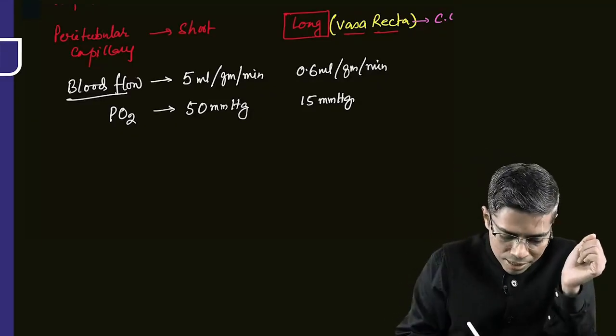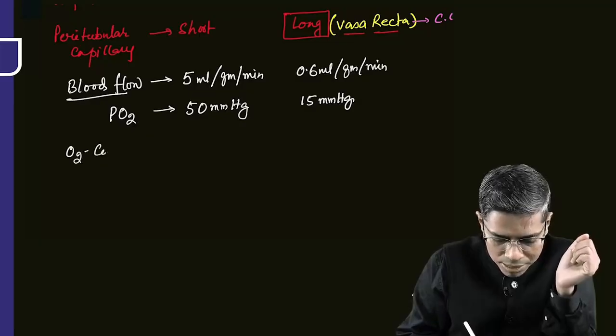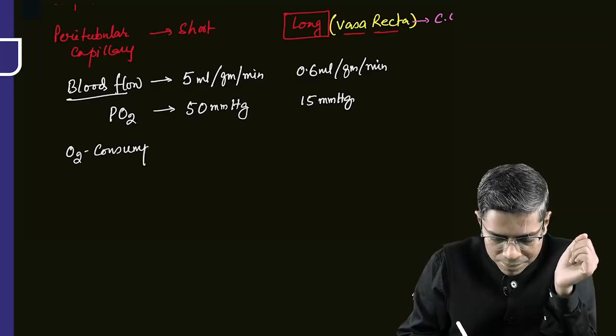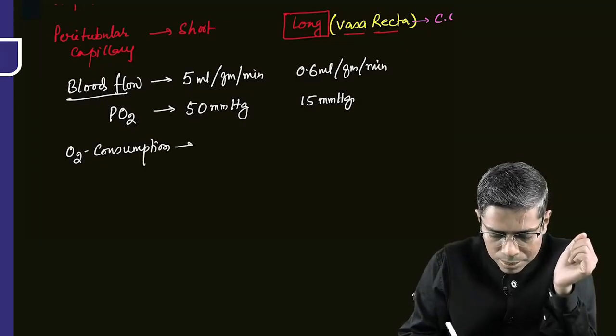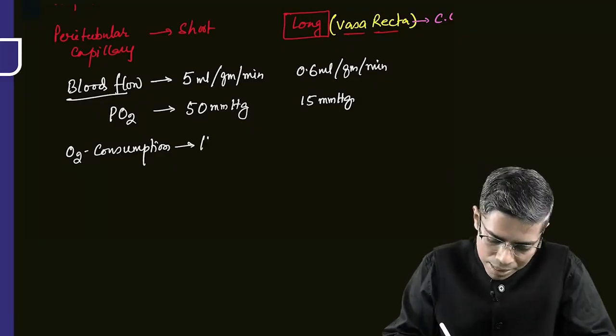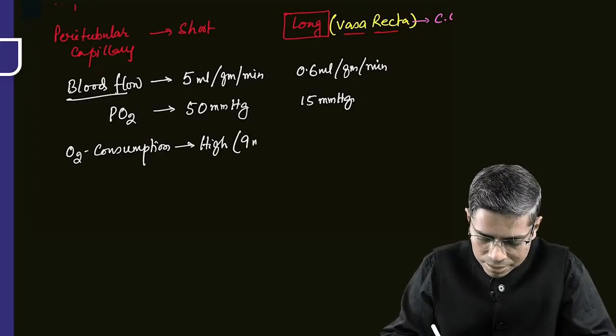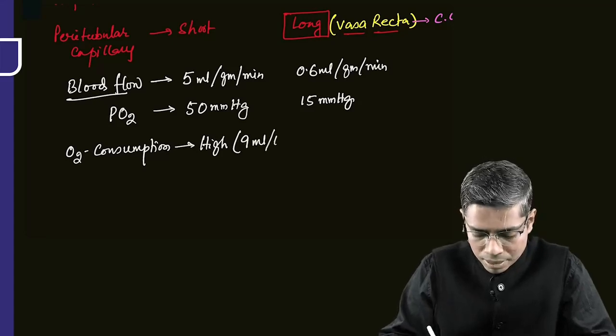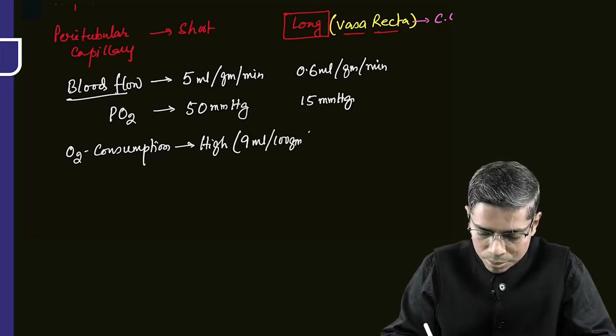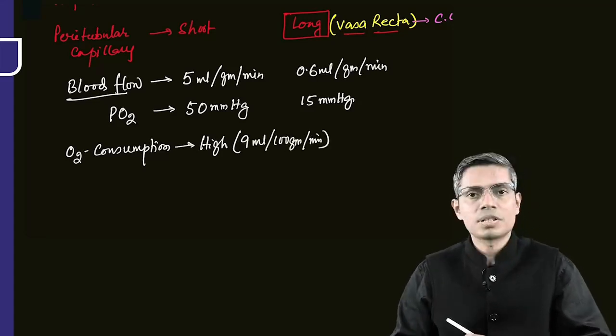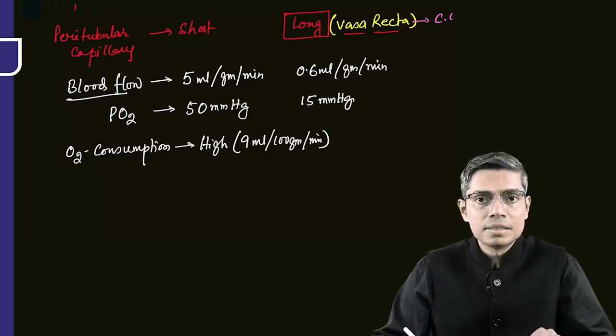So that's why the oxygen consumption of the cortical nephron is very high. If I ask you how much, it is 9 ml per 100 gram of tissue per minute. This is the oxygen consumption in the cortical nephron.